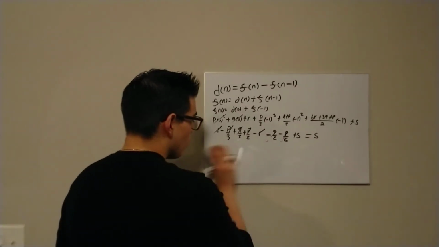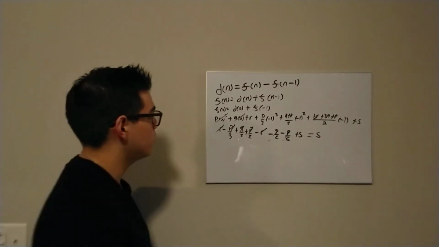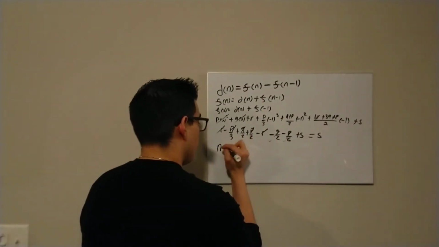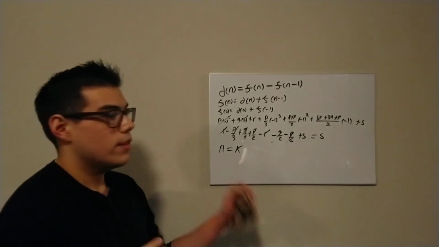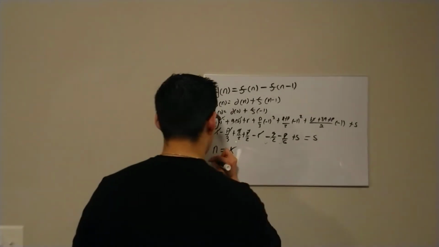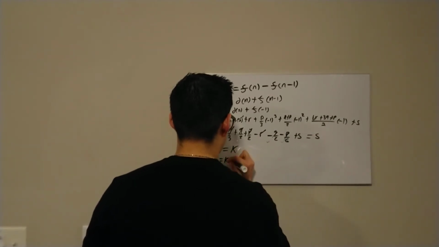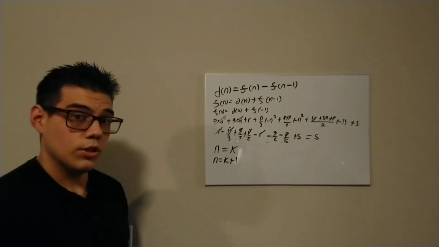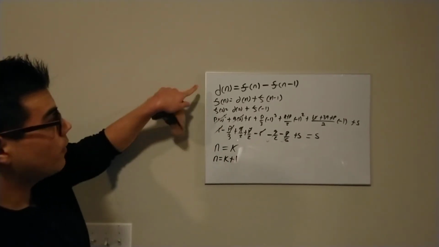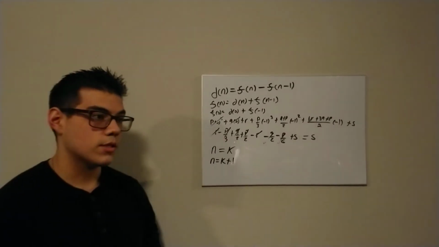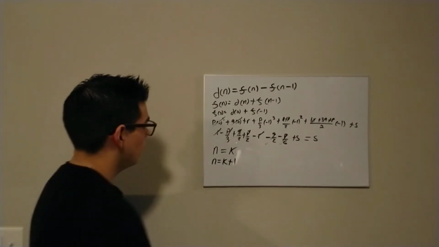Perfect. We've begun the first part of our inductive step. Now we're going to assume that for n equals k, this relationship is going to hold true. However, now we need to show, is it going to be equal for n equals k plus 1? So we're essentially going to do the exact same thing. We're going to go back into these functions and substitute n for k plus 1, and if they're equal on both sides, then this is equal.